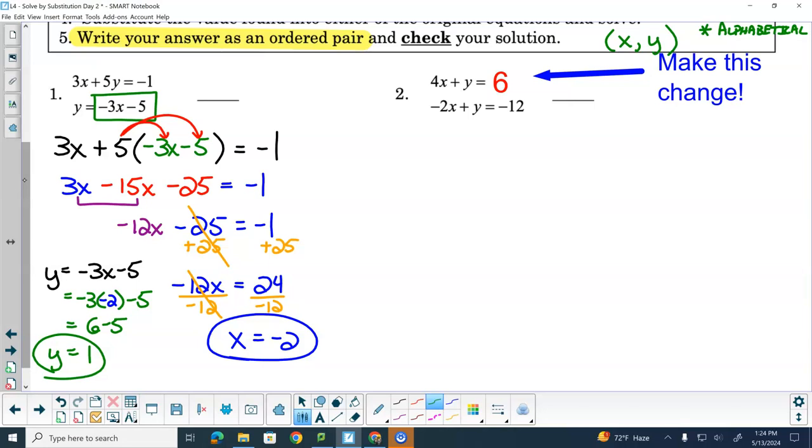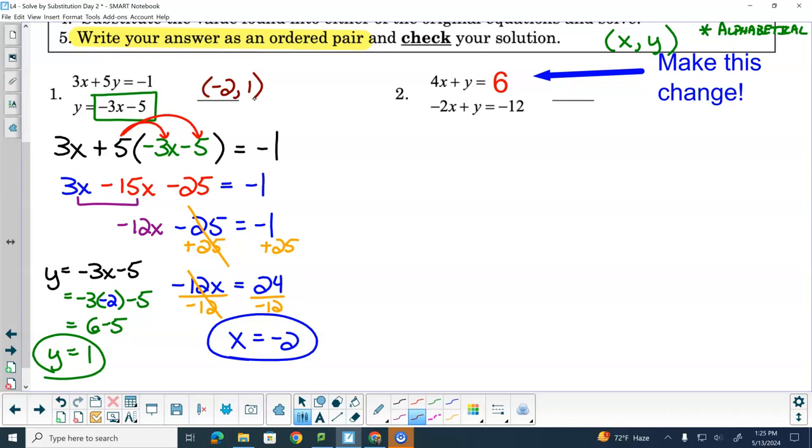X, so what's my x equal to? Okay, and then what am I going to put in between the two numbers? Starts with a co, ends with ma, comma. Okay, negative 2, comma, 1. That's the final way.